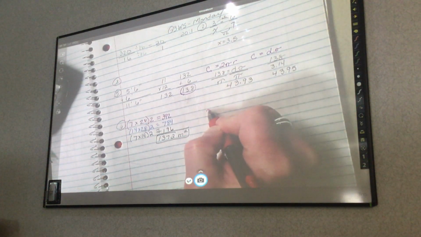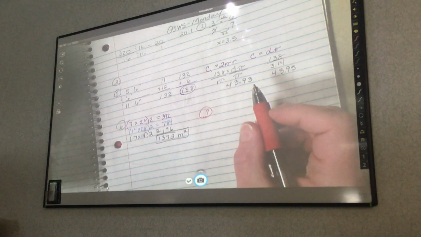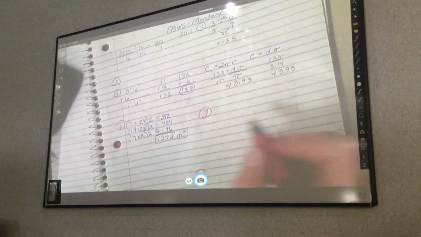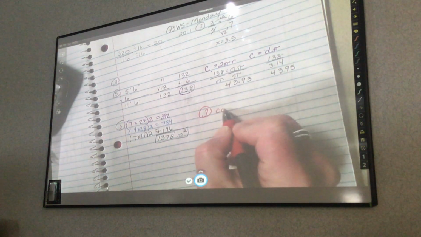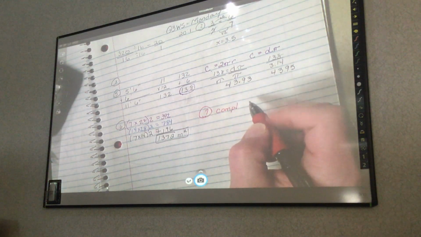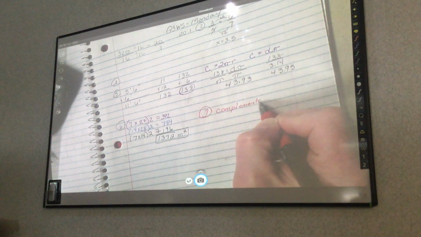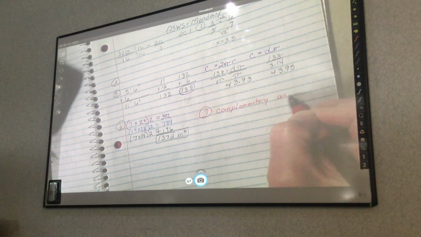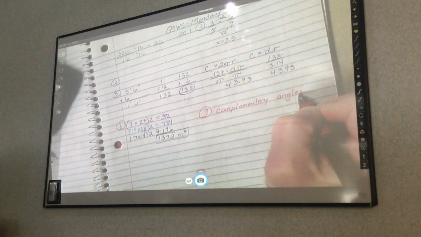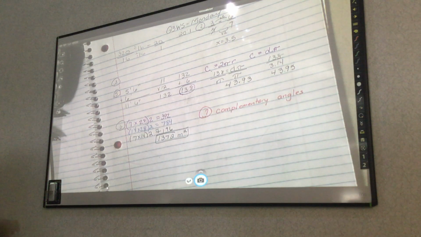Number 7, I want you guys to write down some definitions. You're going to write down the definition of complementary angles. What are complementary angles?